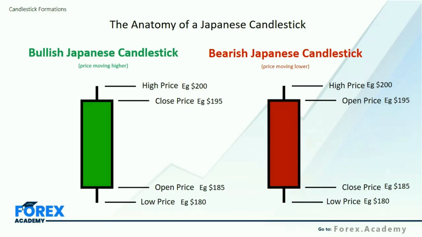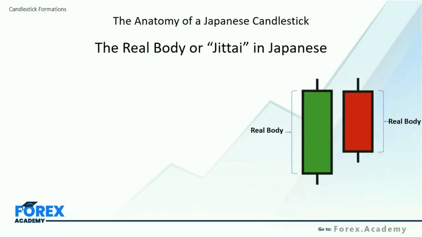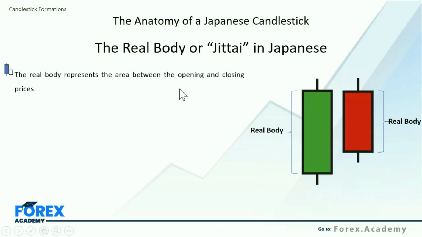So what we will do now is we'll have a look at the importance of the real body. So as we've alluded to, the difference between the open price and the closing price of the corresponding markets is represented as the real body of any particular Japanese candlestick.